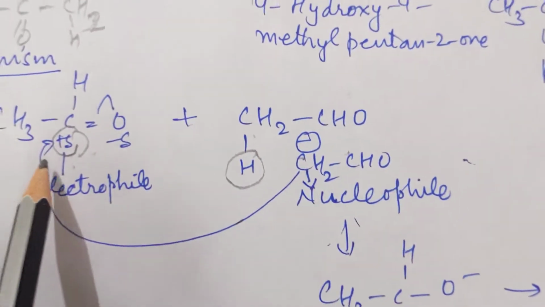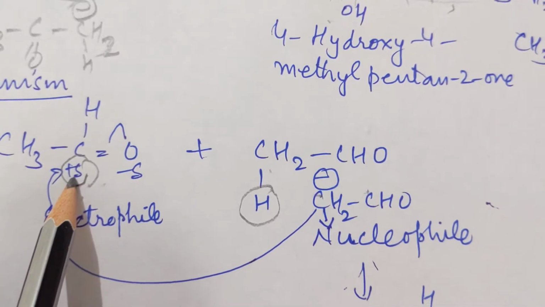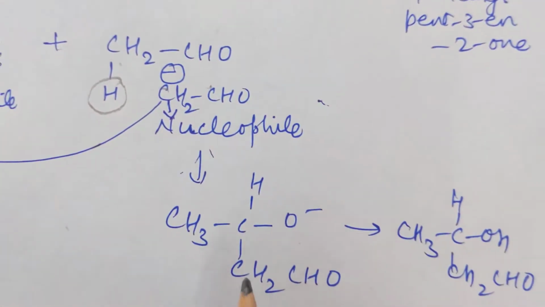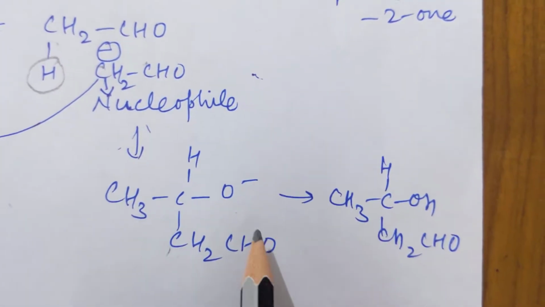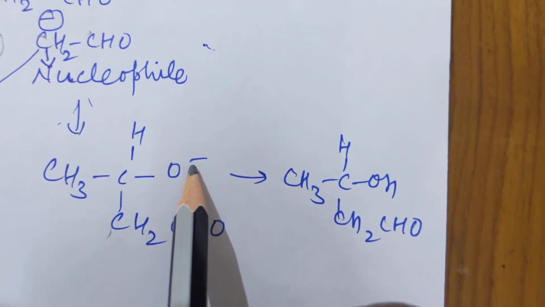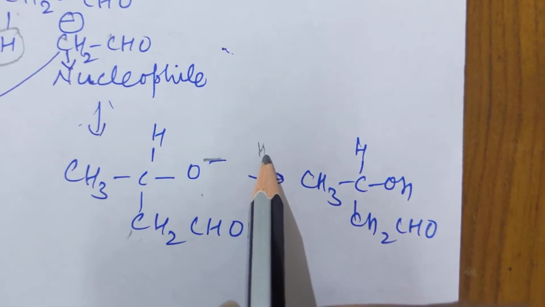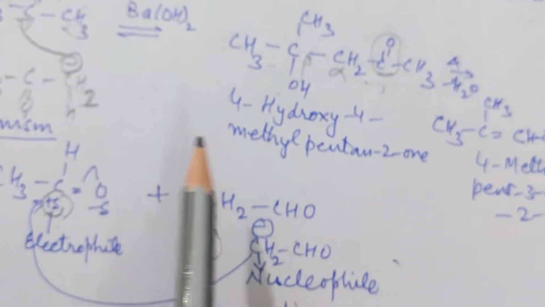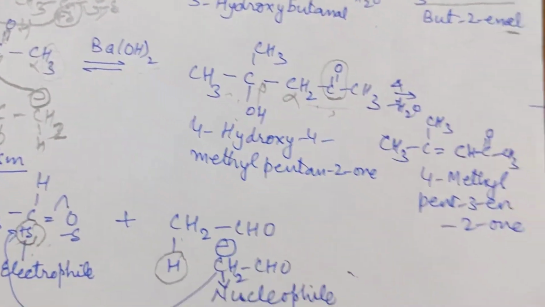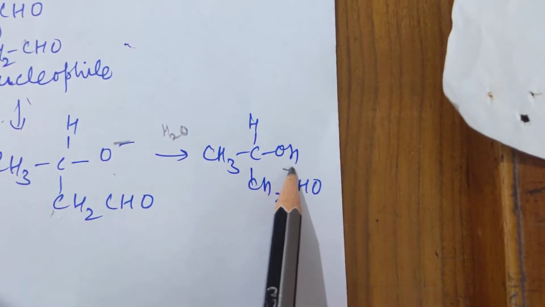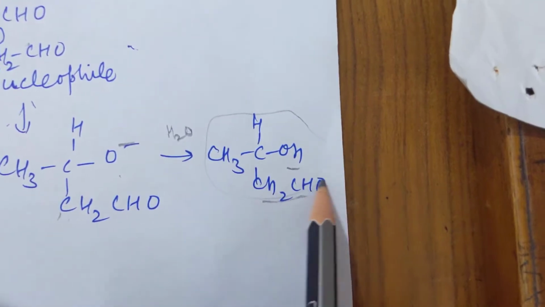This nucleophile will attack on this electrophile and we will get the addition product, and the oxygen gets protonated from water, because we have taken dilute NaOH and dilute barium hydroxide, so we get the aldol product.